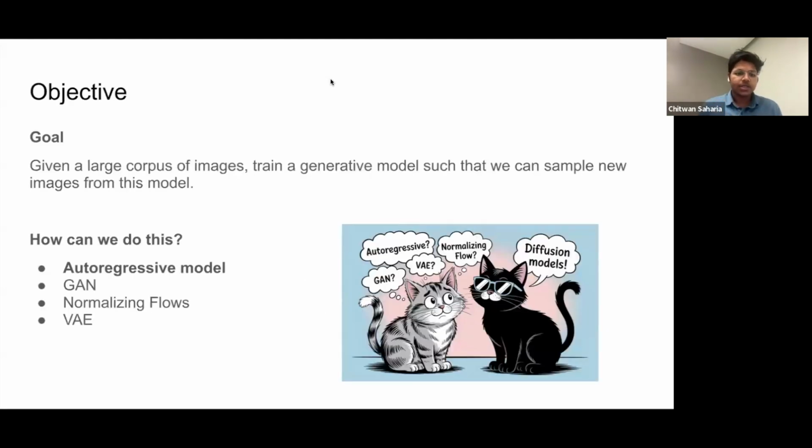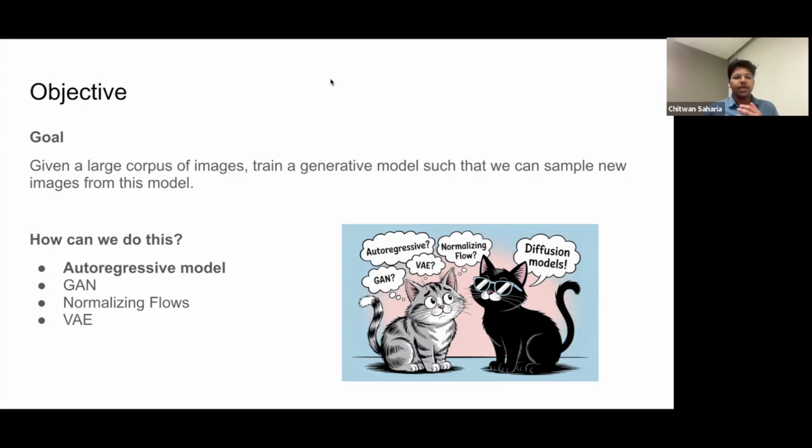Okay, so before we start discussing diffusion models, let's set the goal straight. What we are interested in generally is that, let's say we have a large corpus of images and we want to train a generative model. And what we're interested in is basically sampling new images from this model. I'm sure you have learned about LLMs in your previous talks, and there the goal is to model text.